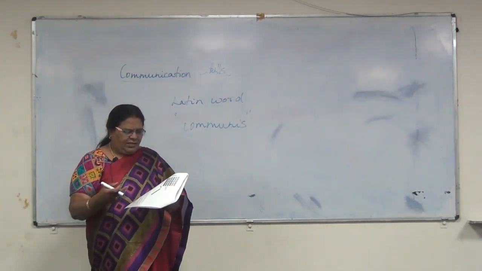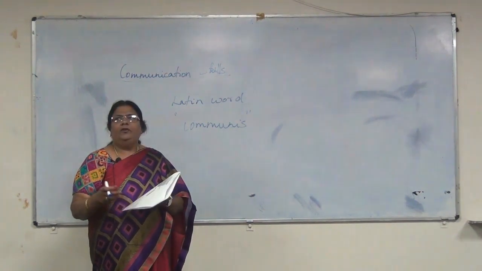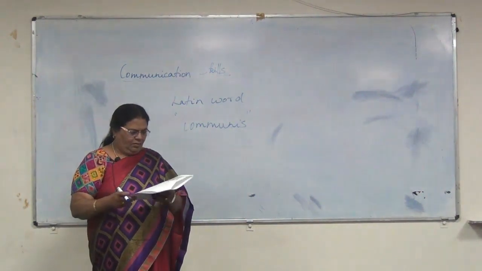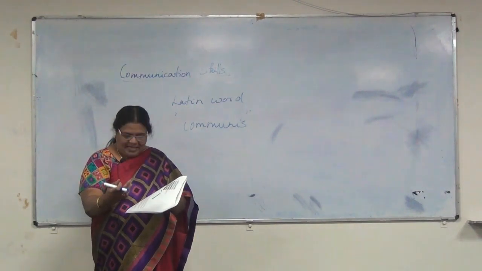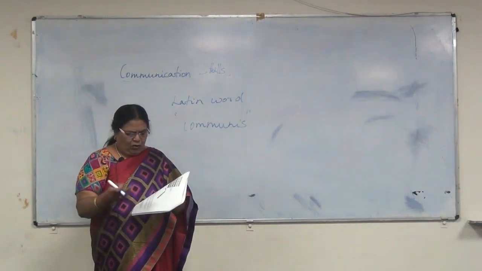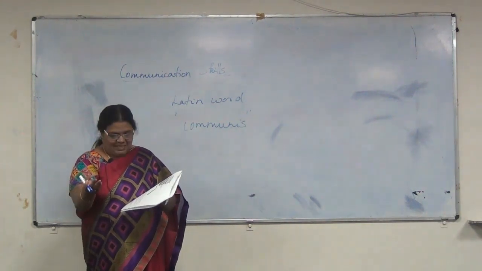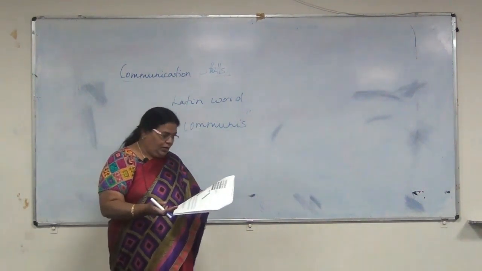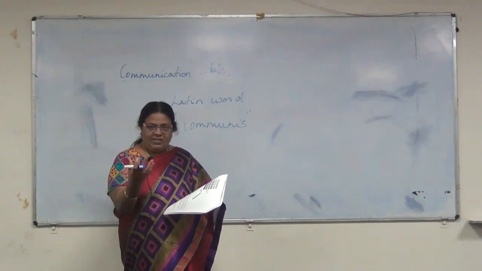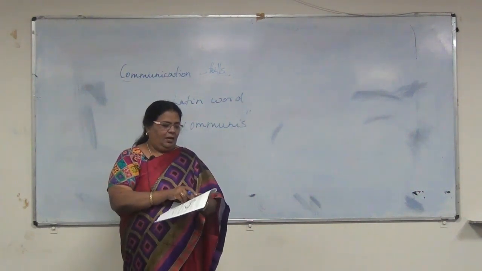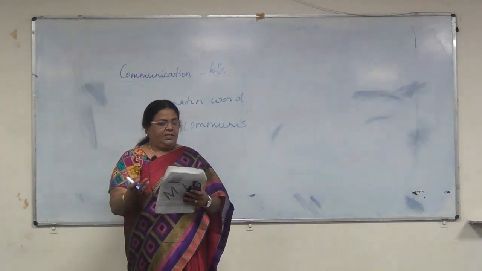Now coming to the next one, it is the sender. Encoder is the person who sends the message. In oral communication, the encoder is the speaker, and in written communication, the writer is the encoder. But there is always an audience. And then you have the message.